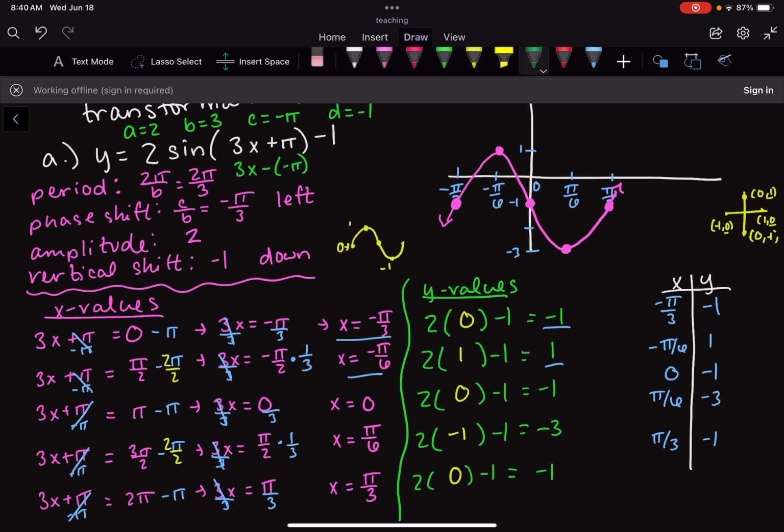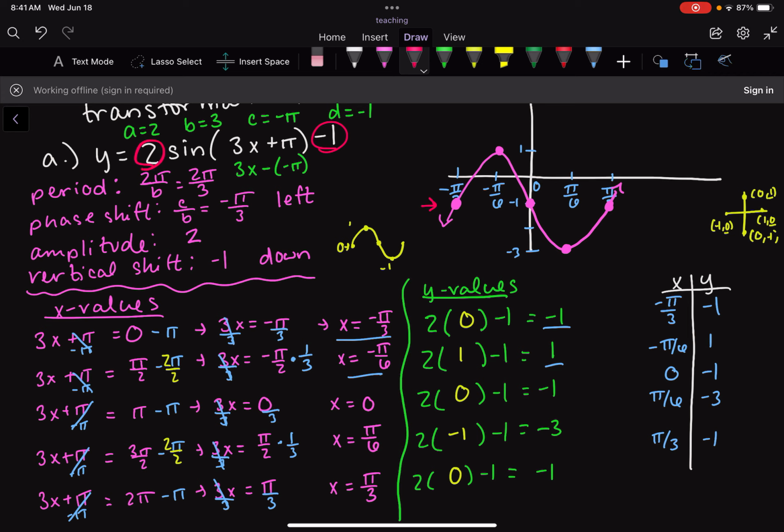With your y values, let me use a color to write with. So negative 1 here is our vertical shift. That's why the middle of our graph goes through negative 1. So I've had some people who just do the y values in their head, and they just say, okay, the middle should go through negative 1 because that's my vertical shift. So they plot those points. Then my amplitude is 2.